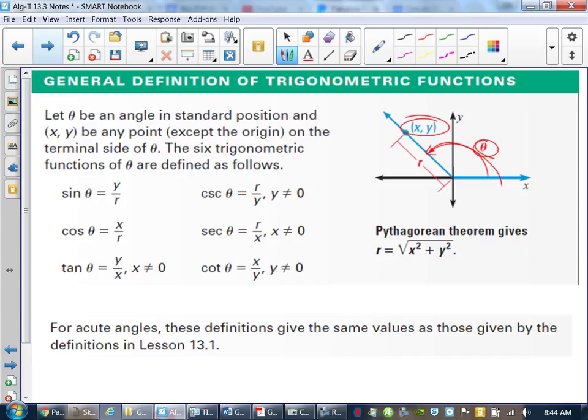Cosecant, just flip it. Secant and cotangent. And there's reasons for these ordered pairs why this is happening.